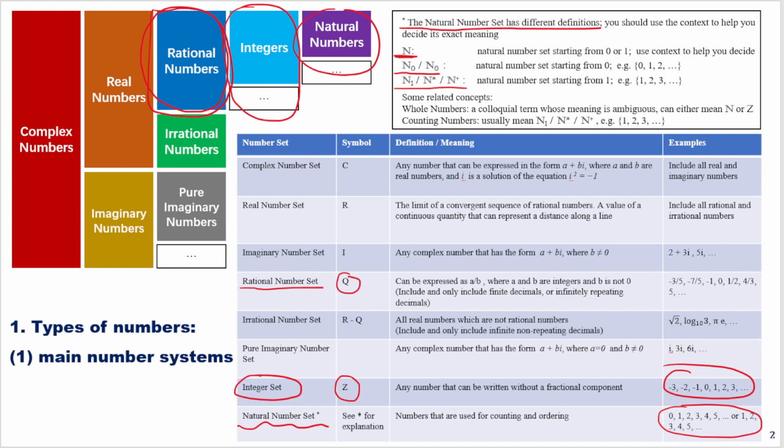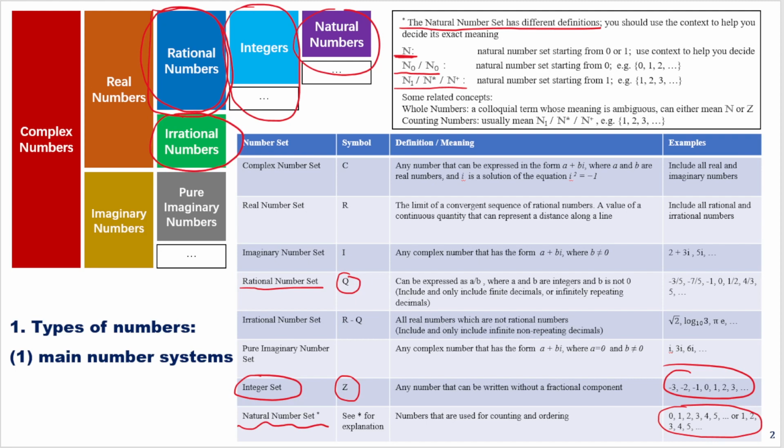And in parallel, a real number that cannot be expressed as a over b is called an irrational number. Or, all real numbers which are not rational numbers are called irrational numbers.